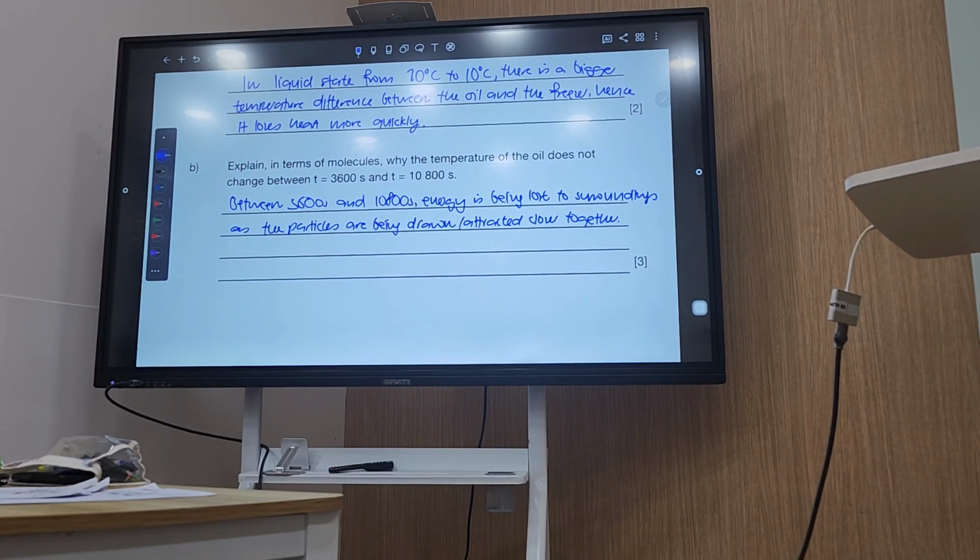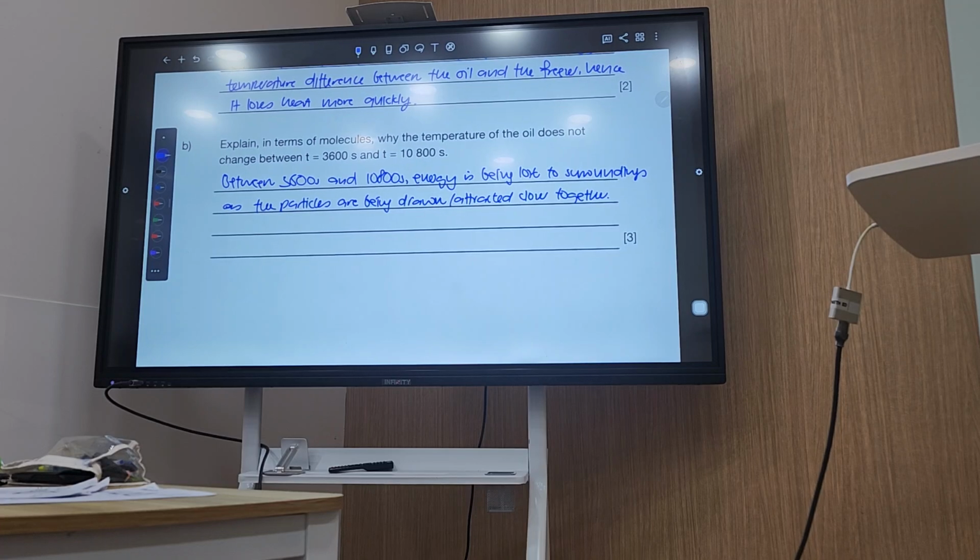However, marks wise, we will also include that this energy is being lost in the form of potential energy.